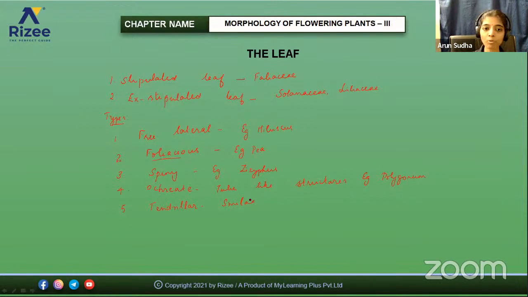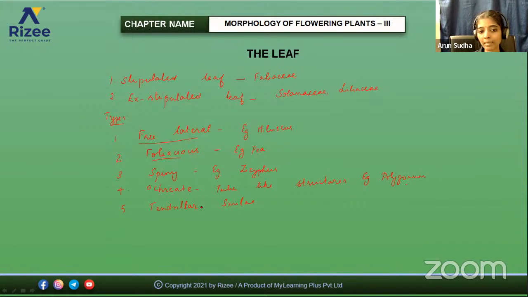If the stipule is present freely, existing independently, that is called free lateral, and the example is hibiscus. If it is leaf-like, the example is pea, that is foliaceous. If it is spiny, the example is ziziphus. And ochreate, that is if the two stipules form a tube-like structure, the example is polygonum.